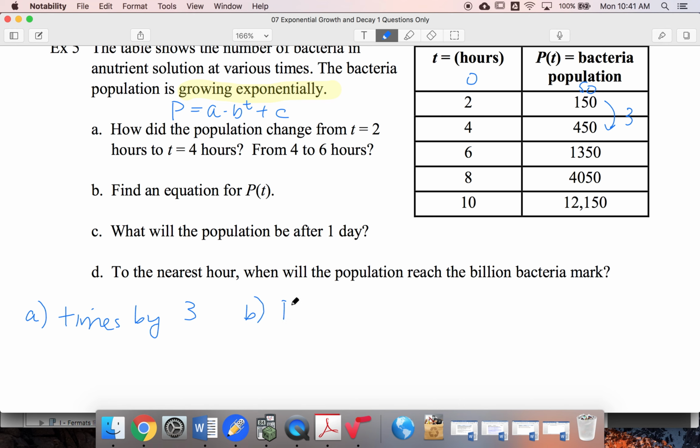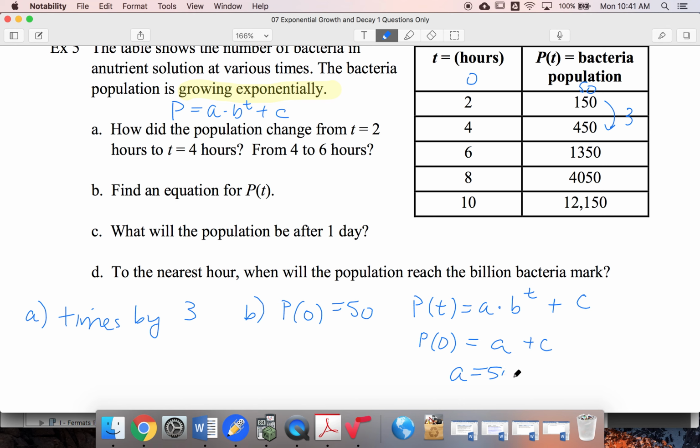So B, we know that P of 0 is 50. And if I also have that P of T fits this sort of formula, then I could say that P of 0 is definitely going to be A plus C. And generally, thinking that I'm tripling here without adding anything else, that lets me know that my C value is 0 and my A value is the 50.